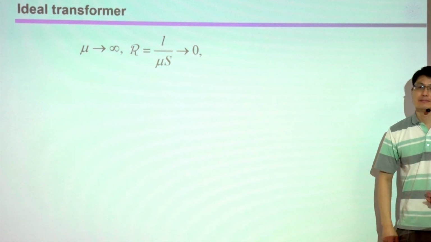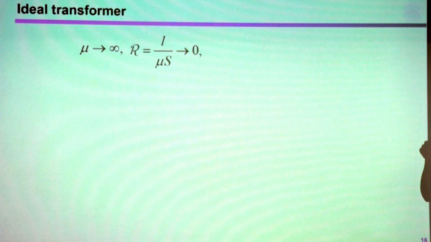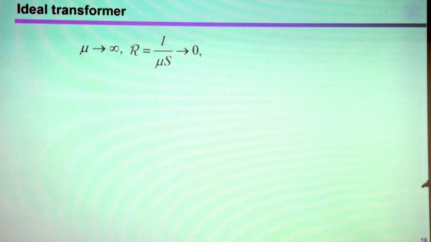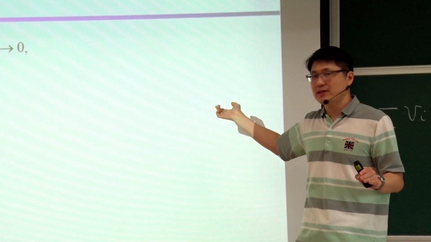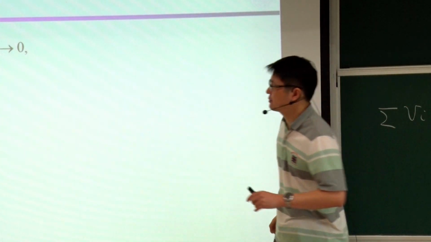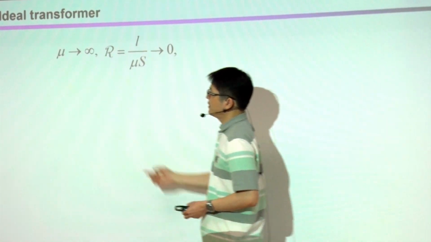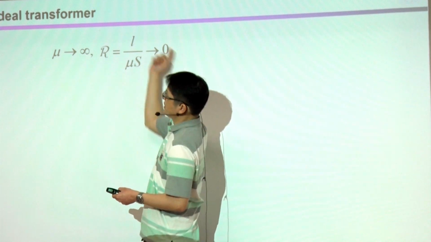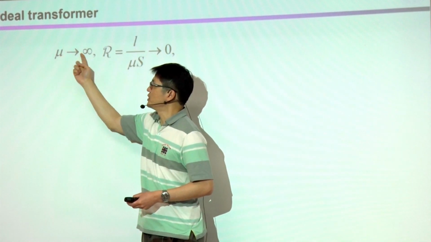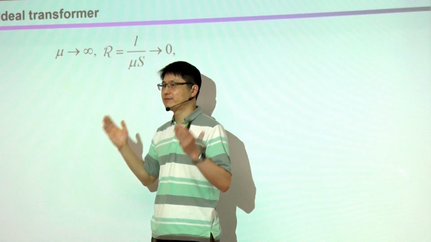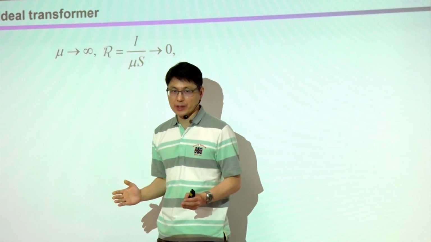Right? That is your basic assumption. If your mu is not very high, you expect to have leakage, and your equation has to be modified. Okay? So since we wrote this equation, we made our assumption. This assumption is now explicitly mentioned. Mu is reaching infinity.